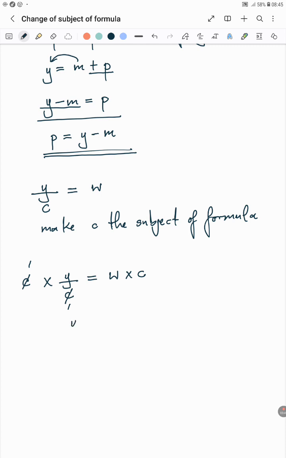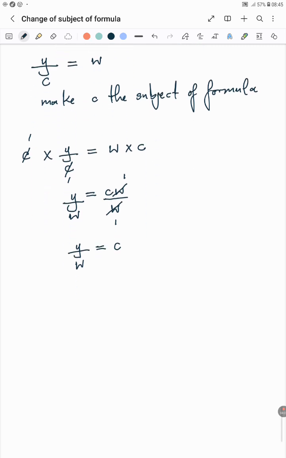And here you're going to remain with y on the left hand side, and on this side you're going to have cw. And for you to remain with only c on the right hand side, you have to divide both sides by w, because here you're going to say w into w 1, w into w 1, and you're going to have y over w being equal to c.